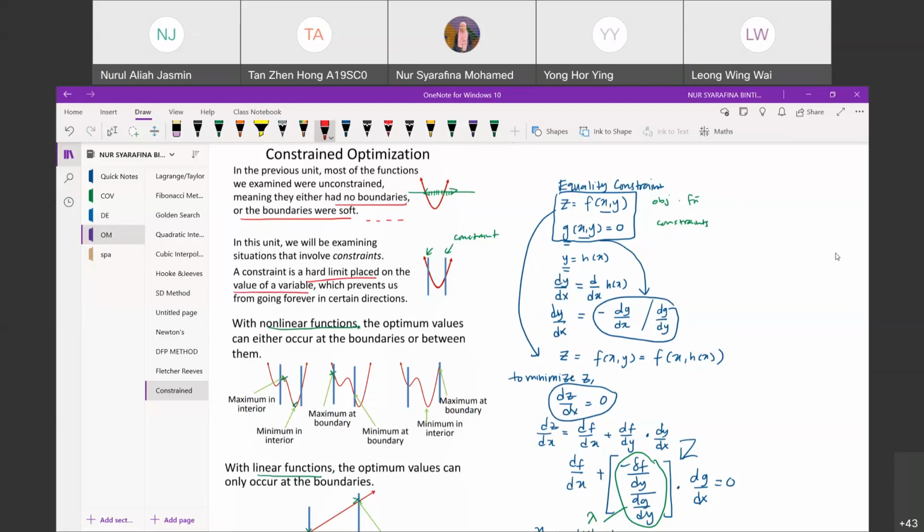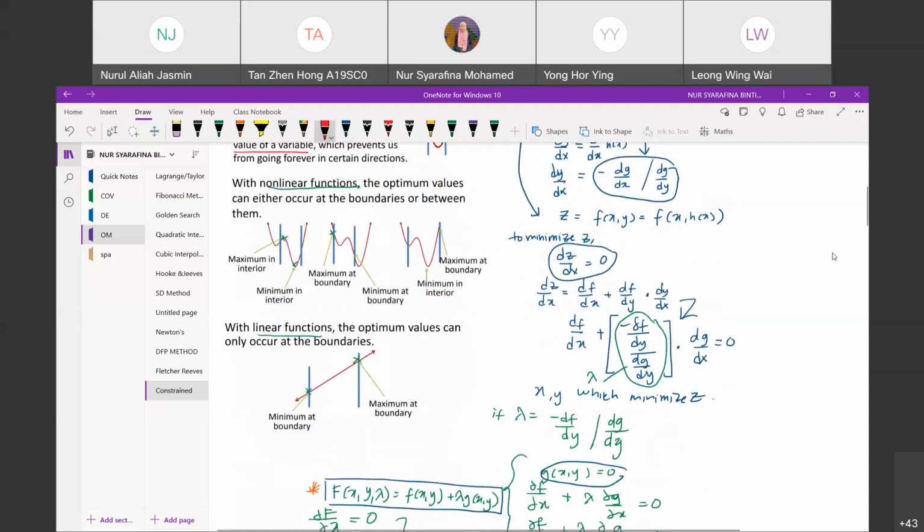With nonlinear, we have many types of curve. With linear, we have a straight line where the minimum and maximum occur at the boundary. So this is the minimum, this is the maximum. For nonlinear, the maximum or minimum can occur anywhere. Okay, so that is the difference.